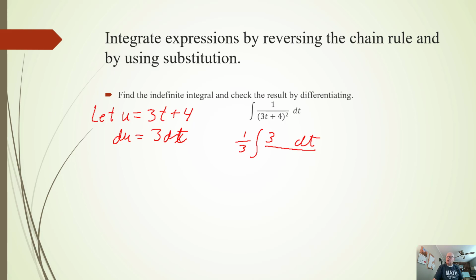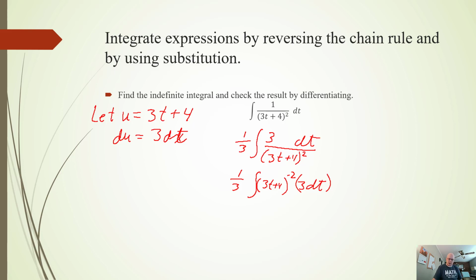And on the bottom, we've got 3t plus 4 squared. We can rewrite this again as 1/3, 3 dt, leave this out here, and the 3t plus 4 to the minus 2, because we can use the general power rule.